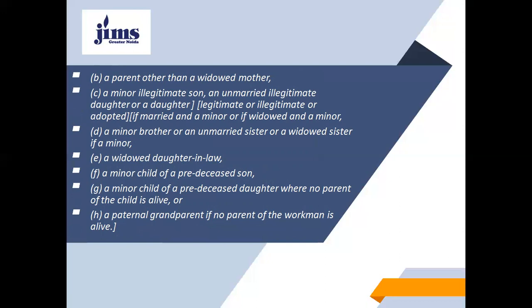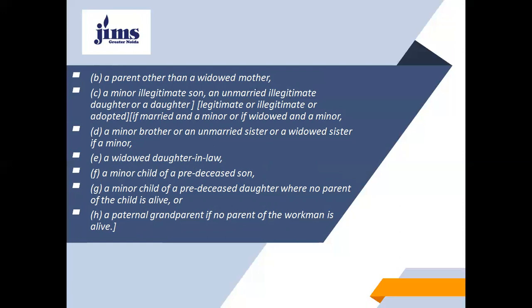will also be included in the dependent, and a minor illegitimate son, an unmarried illegitimate daughter, or a daughter legitimate or illegitimate or adopted if married and a minor, or if widowed and a minor.